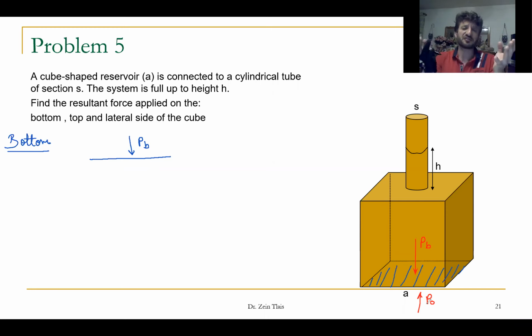So we have the force applied from the internal side and the force applied from the external side. For P0, we have F0, and for PB, we have FB.